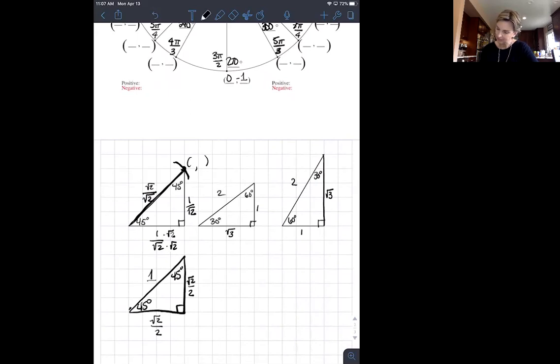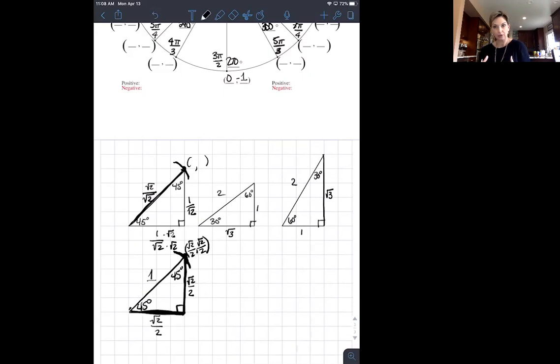Okay, so what would now be the coordinates there on the edge of my unit circle? What is my x? Well, my x right here is the square root of 2 over 2. And what's my y? Well, my y is the square root of 2 over 2.